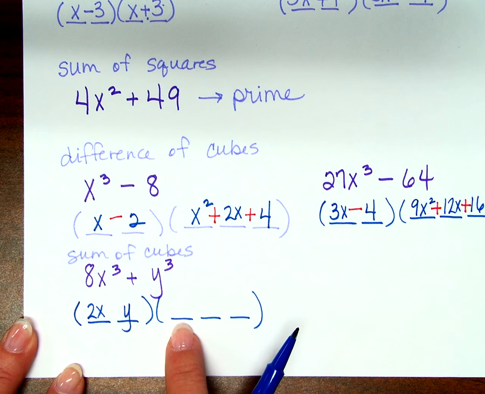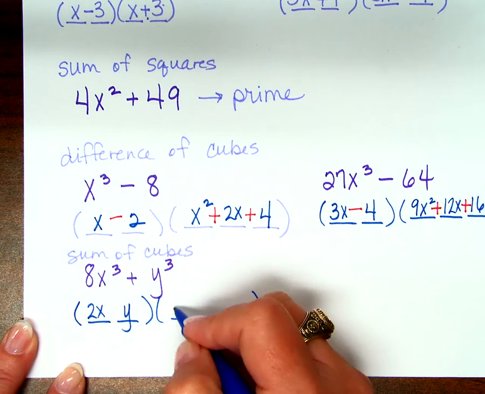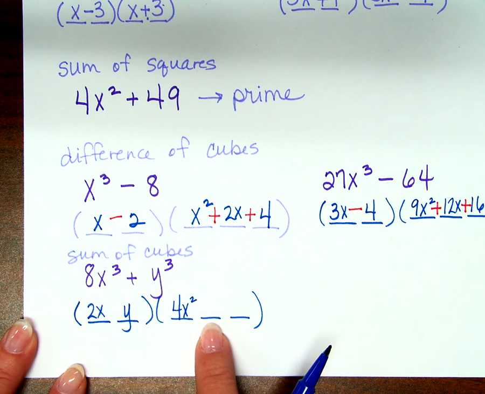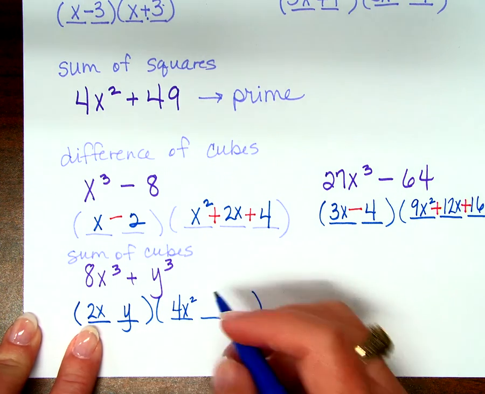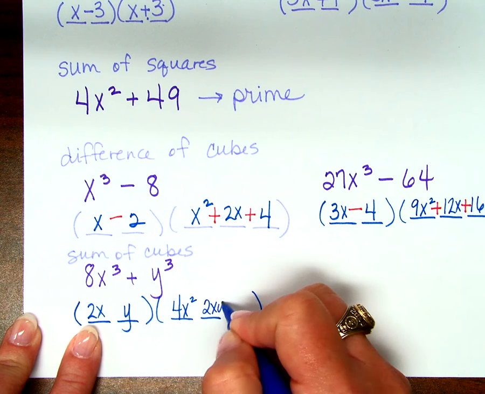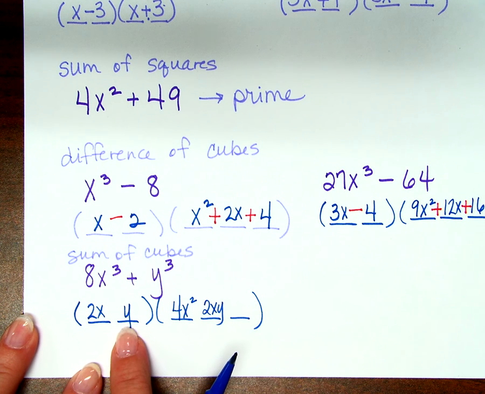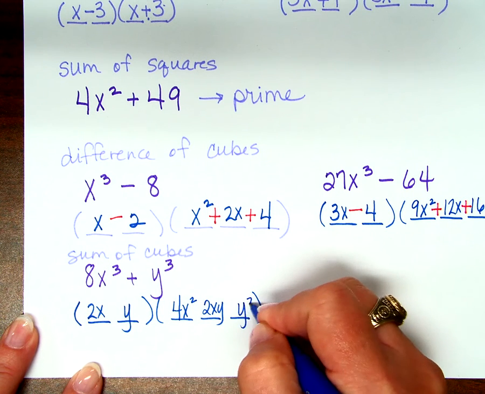What goes in the first term of the trinomial? Yes, 4x squared. What goes in the second term of the trinomial? 2xy. And what goes in the last term of the trinomial? Y squared.